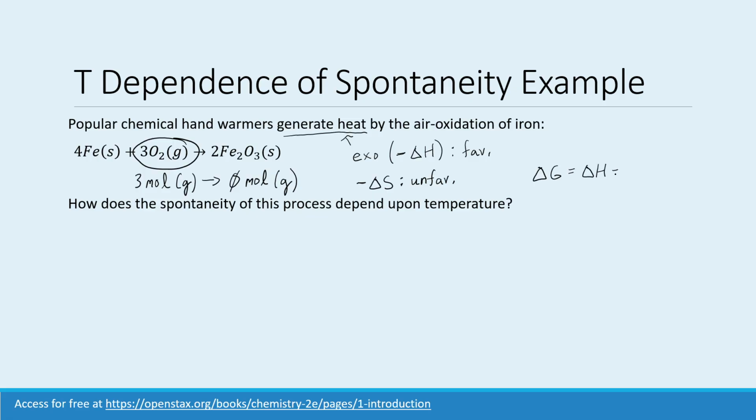Okay, and so if we have that delta G equation equals the enthalpy minus the temperature times the change in entropy, this portion is unfavorable, and so if we want to make that less significant, we need to decrease that temperature. So it's going to be spontaneous at low temperatures.